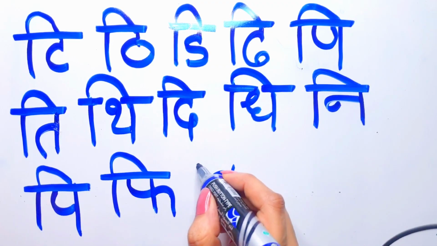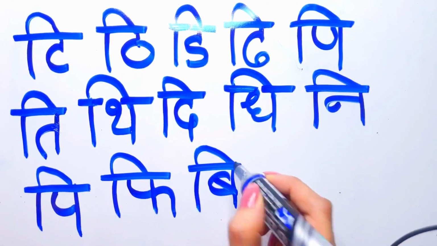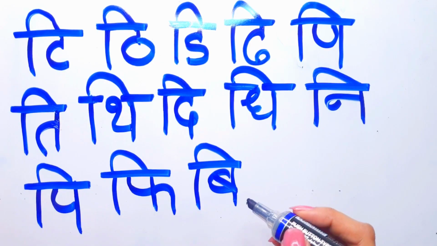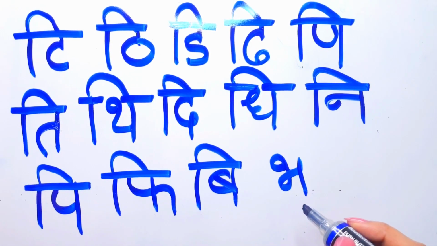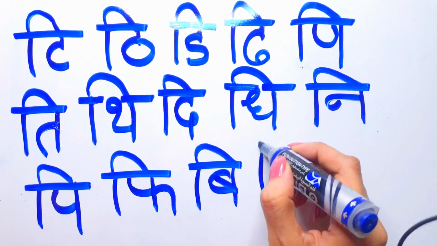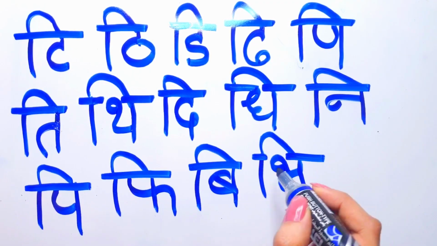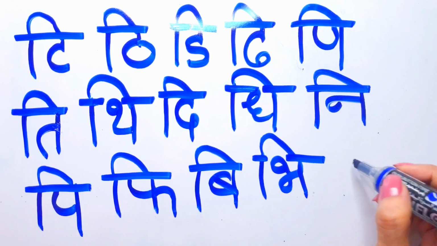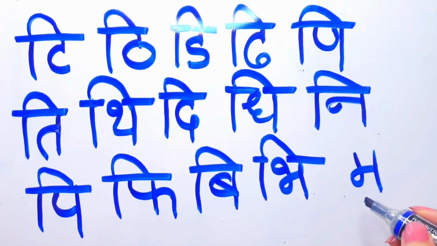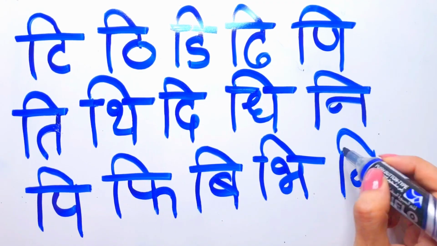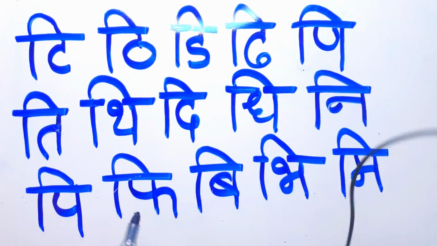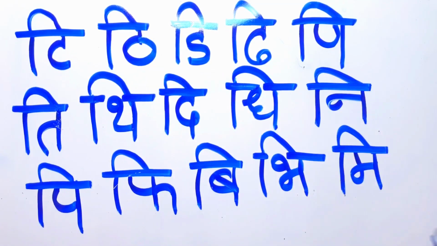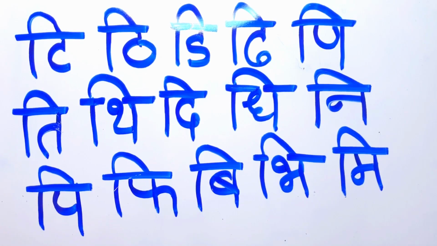Ba, bi, bha, bhi. And ma, mi. I hope you remember the consonants. We've done these previously, right? So it's the same. The way it is written is the same for all of them.